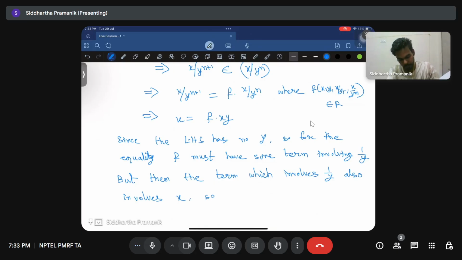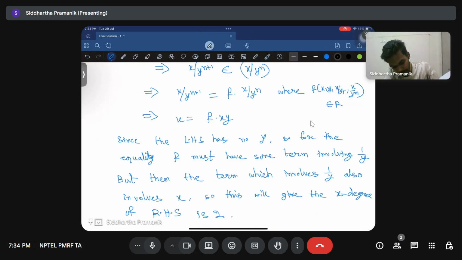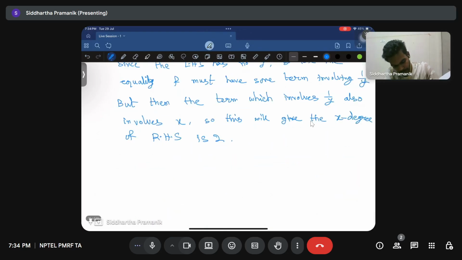So this will give that the x-degree of the right-hand side is 2, but here the x-degree is 1, which is a contradiction.